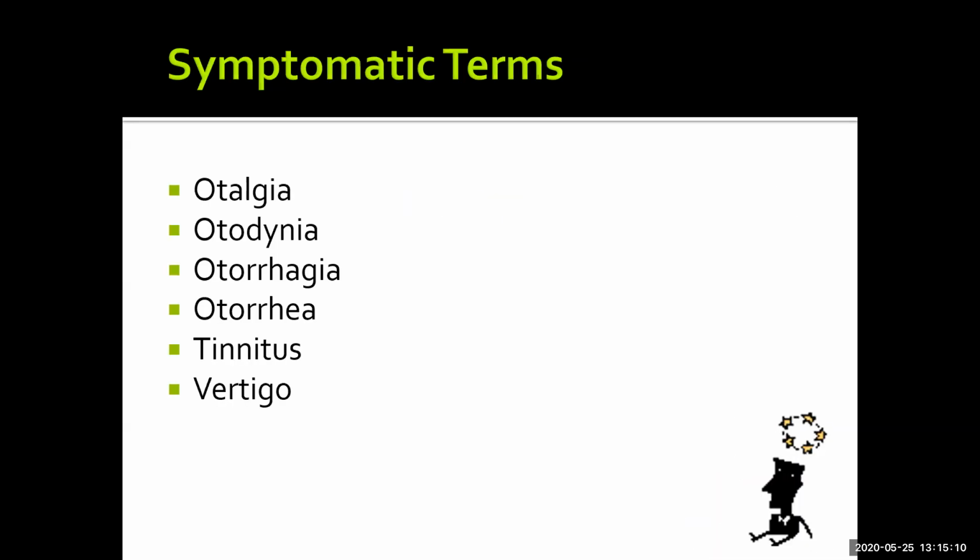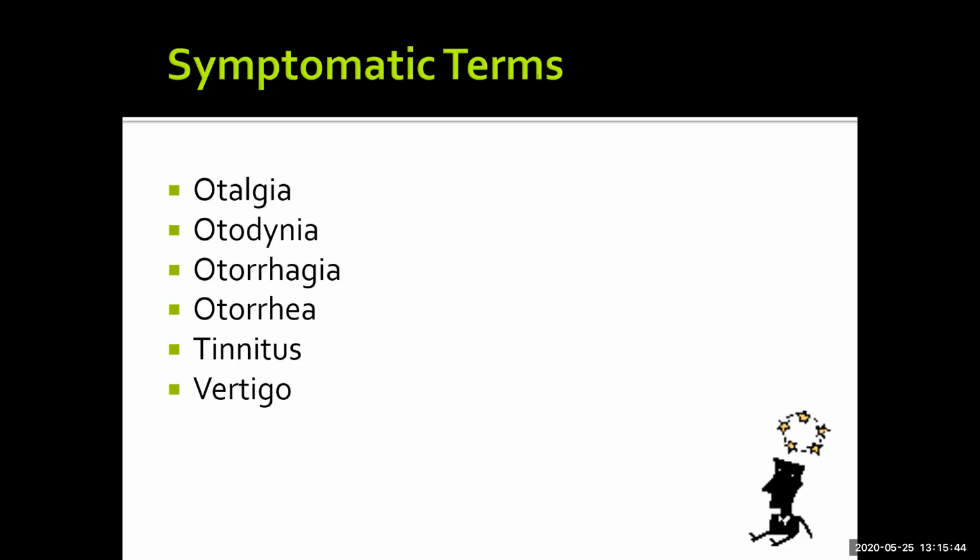Some of the symptomatic terms that we see would be otalgia, so remember algia or dynia is pain, so an earache, so otalgia, otodynia would both refer to an earache. Otorrhagia, rhagia meaning drainage, so bleeding from the ear. And then otorrhea was purulent drainage from the ear. Often all three of those seen, sometimes with earache.